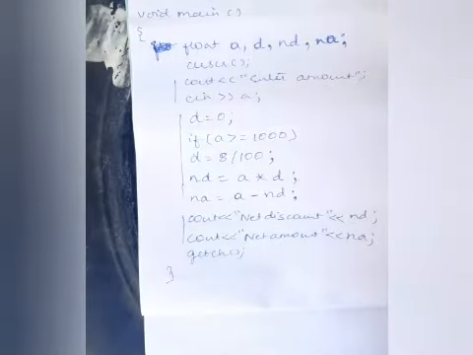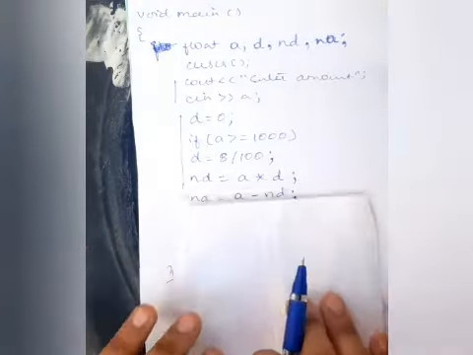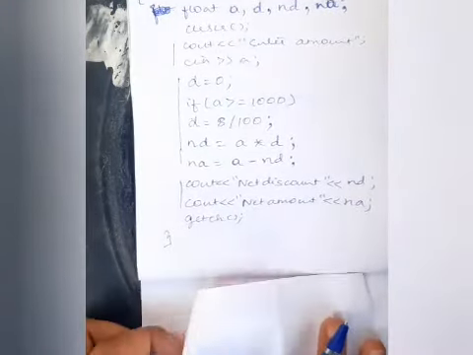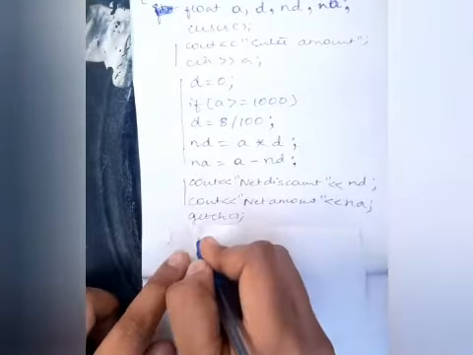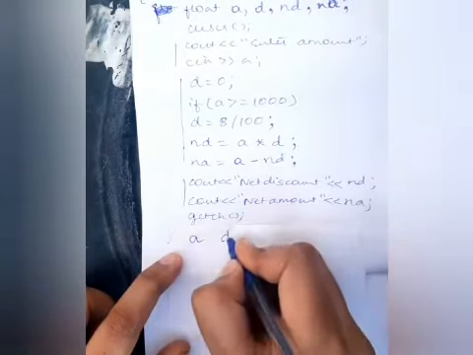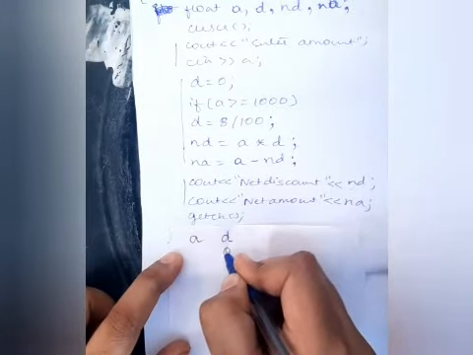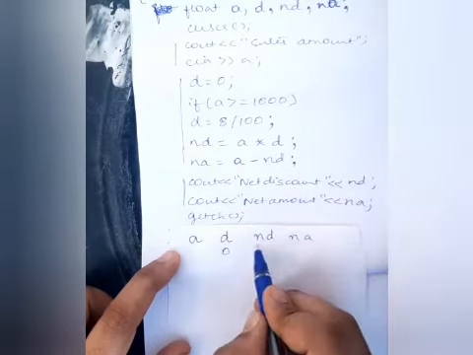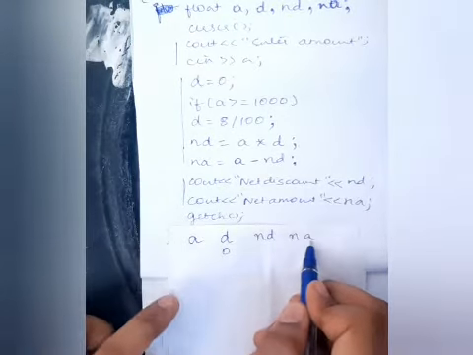What is the first statement it is telling us? Let me take A as the input value. What is discount? Initially it is 0. And what is ND? ND is net discount, NA is net amount.